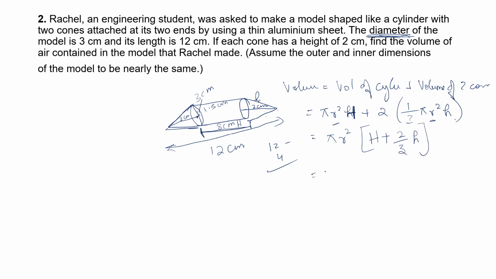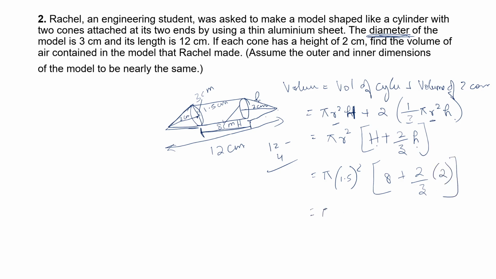So what is pi into r square? It is 1.5 whole square, because diameter is 3, so r is 1.5. Then what is the h here? Cylinder's height we have calculated as 8 centimeter plus 2 by 3 into height of the cone. The height of the cone is 2, right?